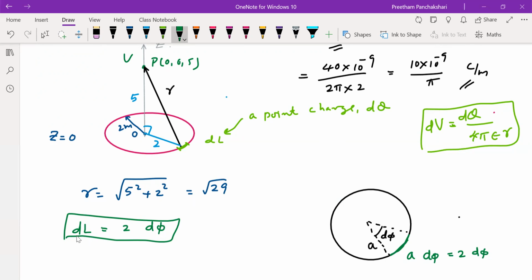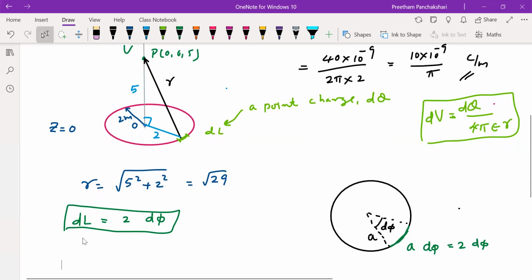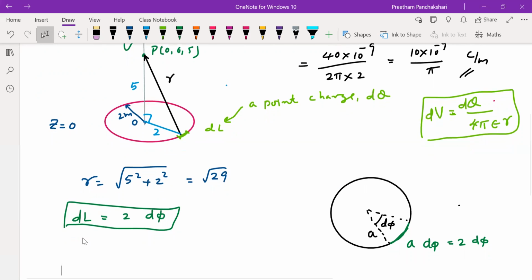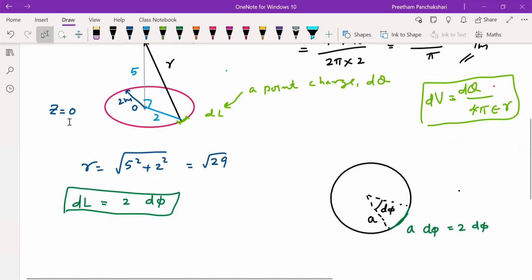But what is the use of this length? Using this length, we can find dq, because dq is the charge distributed on a differential length of dl.